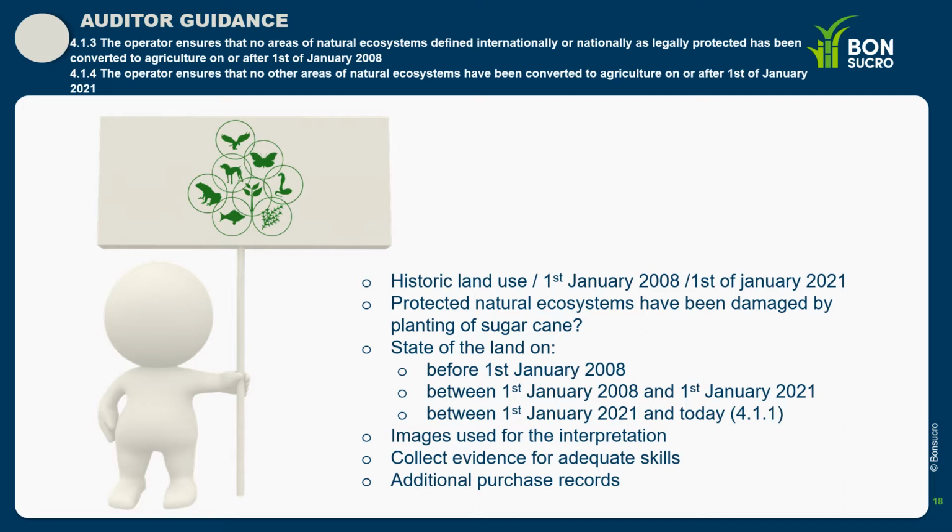So to see new planting in this area, the LUCA needs to include the information before 1st January 2008, between 1st January 2008 and 1st January 2021, and of course between 1st January 2021 and today, that is the map for 4.1.1. Okay, so the record, the evidence, and the competency of the person who made those maps.